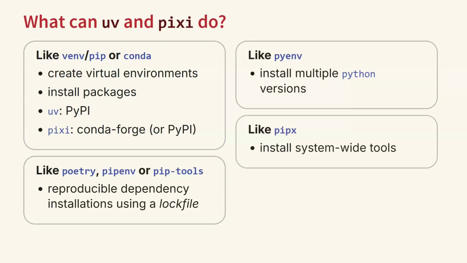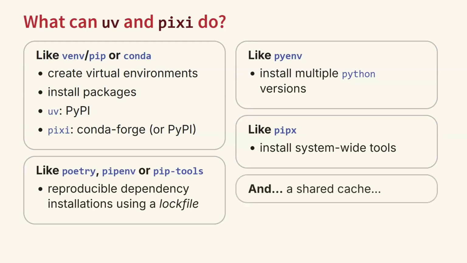And if you've used a tool like pipx to install a Python-based tool system-wide so that you can use it anywhere at your terminal, they also do that. There are some other special things in there that I won't go into, like a shared cache that means these virtual environments are very quick to create and throw away, effectively disposable.